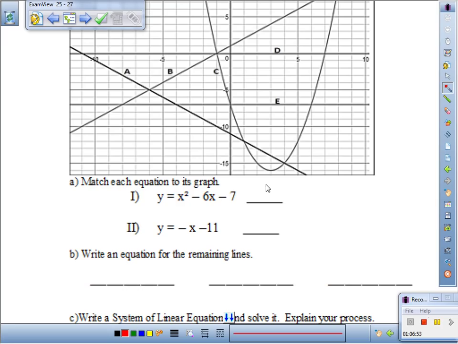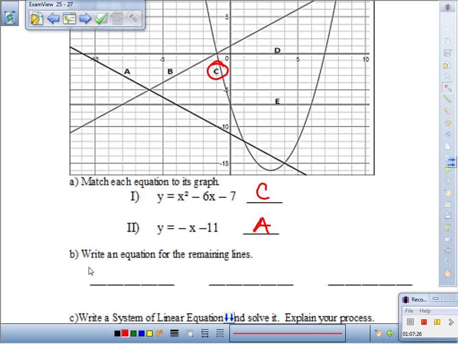C. That is correct. Next, it says y equals negative x minus 11. It has a negative slope. That means it's a line going down. Which line is going down? A. So we're done with those two.